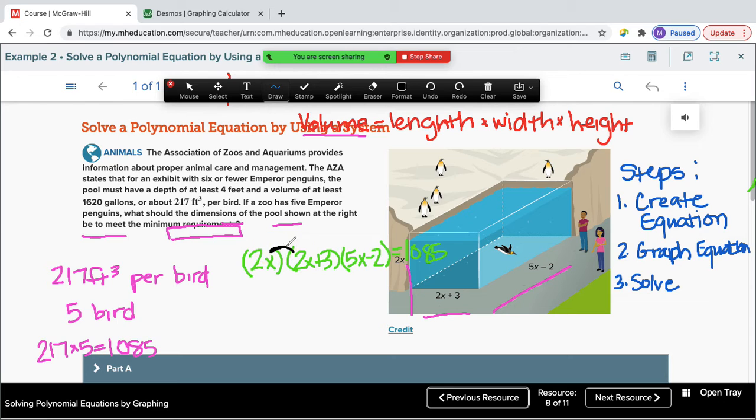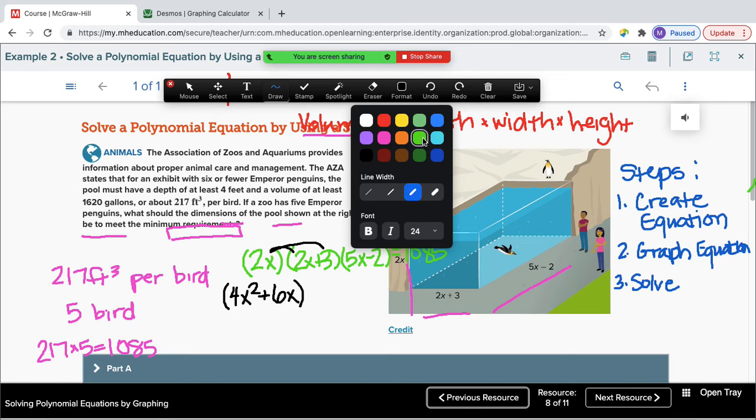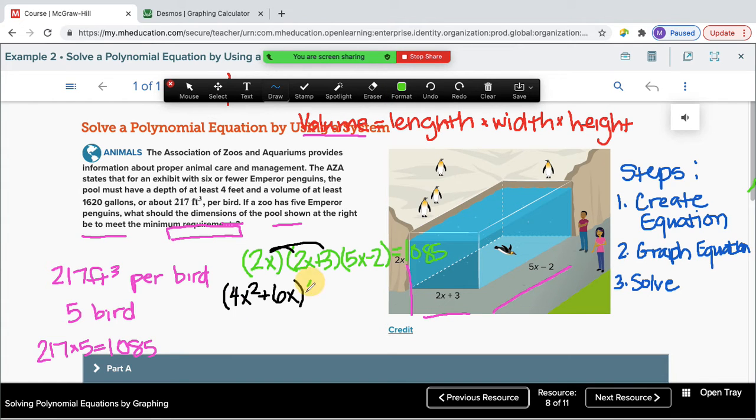And I'm not distributing 2 to everybody. I'm just going to multiply it to what it's directly next to. So I get 4x squared plus 6x. And then I'm going to bring the remaining part of the equation down, 5x minus 2.